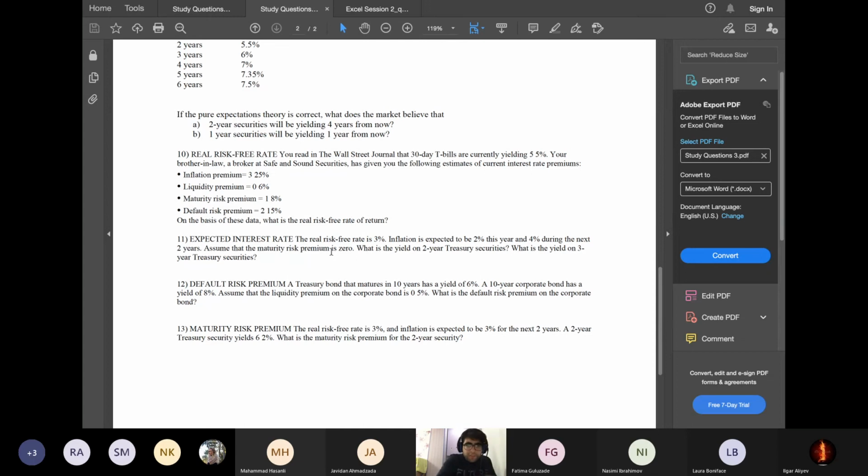So let me write here 2 years. R is equal to, what's our risk-free rate? 3% plus expected inflation, 2% this year and 4% next year. 2% plus 4%, we take average of them and it equals 3%, so 3% plus 3%, 6%.